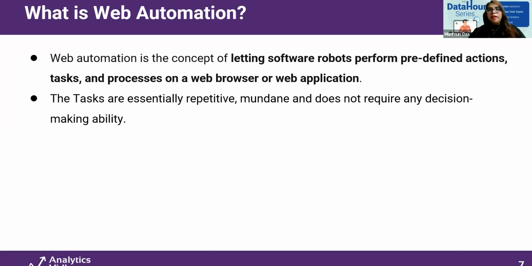What does that mean? It means it does not require any human intervention, like I have to think about this process or validate this process, because the bot doesn't have that ability. It can only mimic the task. Like if I'm going to the website, logging into the system, giving my credentials, entering my username, entering my password, clicking the enter button. So what is happening is that the bot can understand what tasks I am doing going to the website.